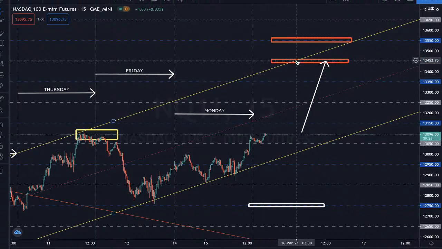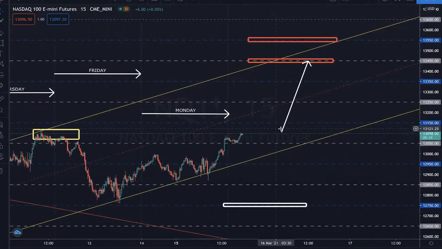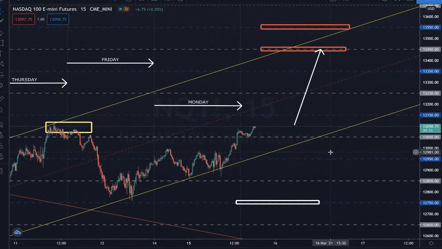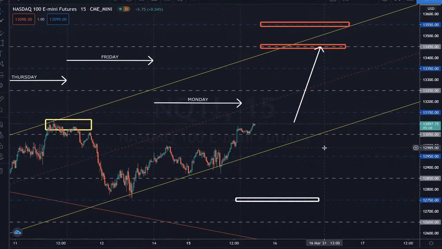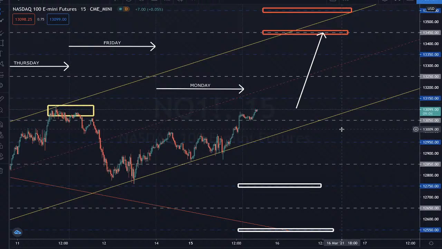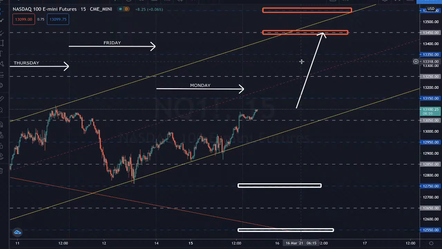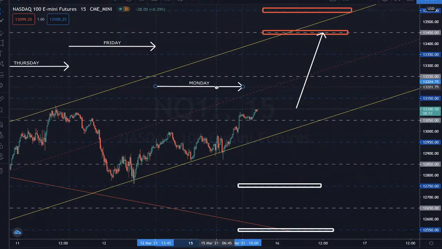So we might get there in two trading sessions, and that is very important to know, because some guys think that the market will always move like 400, 500 points a day, and that is not the case most of the time, especially when we're moving to the upside. When we're moving to the downside, the volatility is usually higher, and when we move to the upside, we should expect smaller moves.